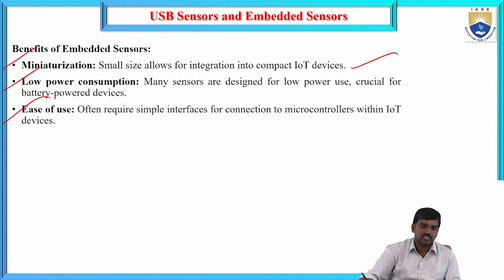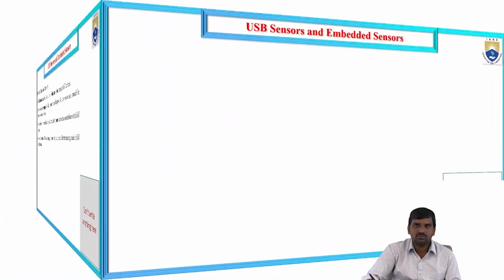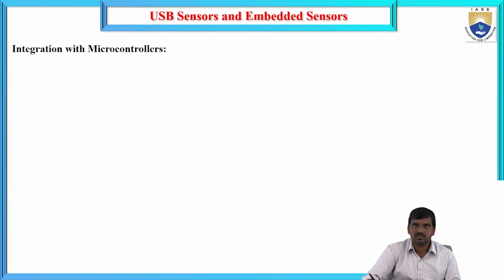And the third one is ease of use: it often requires simple interfaces for connection to microcontrollers within the IoT device. The fourth one, variety of options: the vast range of sensor types caters to diverse sensing needs in IoT applications. These are the benefits of embedded sensors.